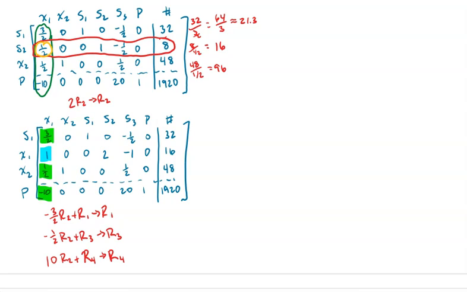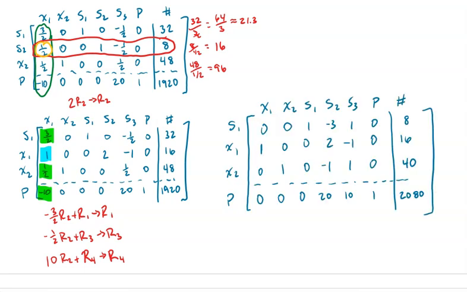Alright, again, I'm going to go ahead and do these off screen, but they're done just like our other row operations. Let your calculator do most of the work. Don't try to deal with all of those fractions yourself. Alright, and here's what it's going to look like. This would be our final simplex tableau, because we don't have any negatives on the bottom, so we know we are done with it.